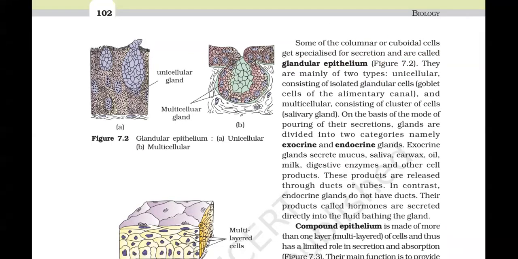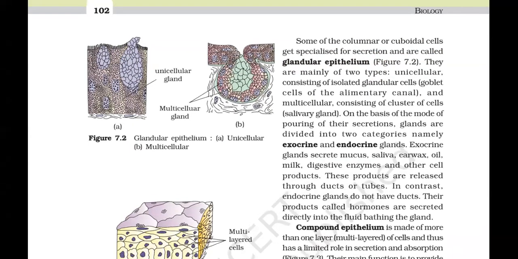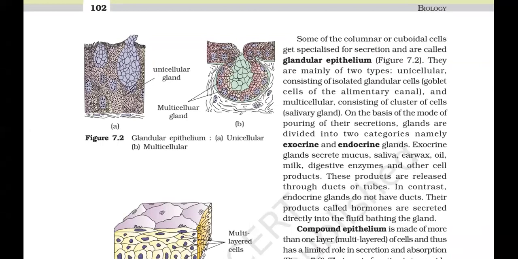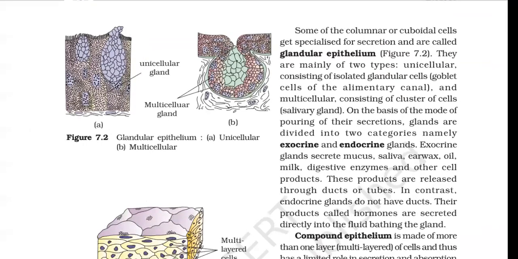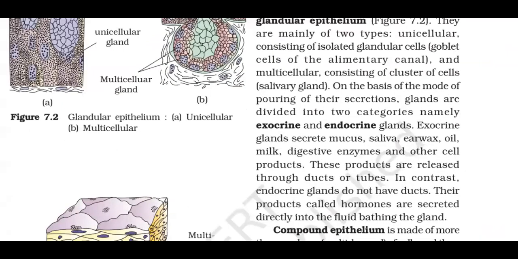I will enlarge it so it is easy to look at. These are the goblet cells of the alimentary canal. In our alimentary canal, these are specialized cells. They secrete substances like mucus. The mucus is very important for digestion. It acts as a lubricant. Have you understood what I'm talking about?